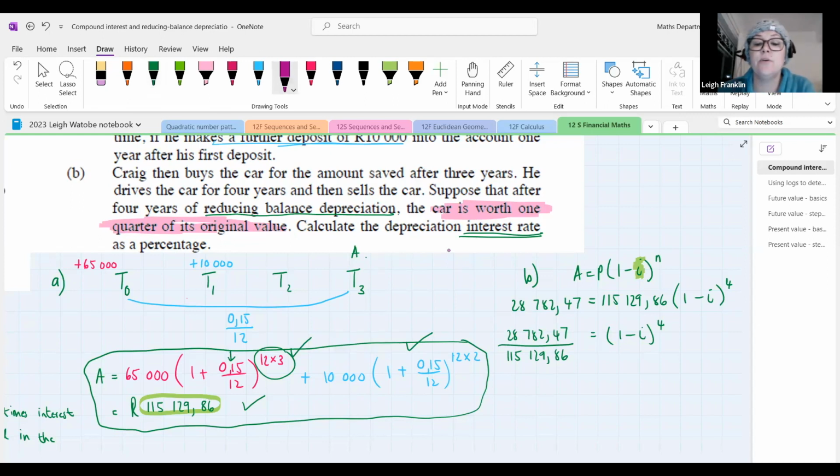After this, to get the bracket without the power 4, we need to take the 4th root on both sides.